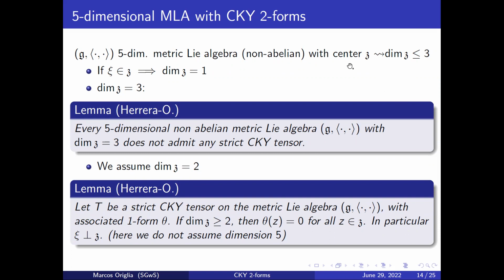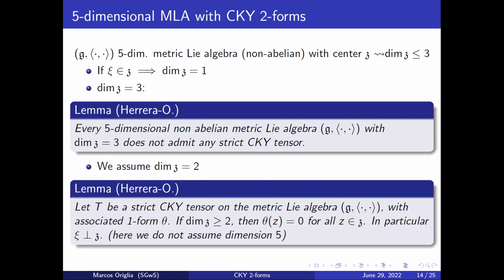So there are two more situations, dimension 3 or dimension 4. In dimension 3, we proved with Cecilia that there are no examples of strict conformal Killing tensors or strict conformal Killing 2 forms when the center has dimension 3. So the only possibility is dimension of the center equal to 2.